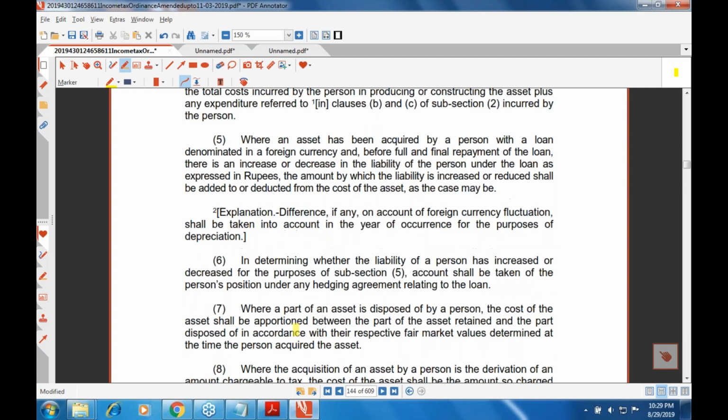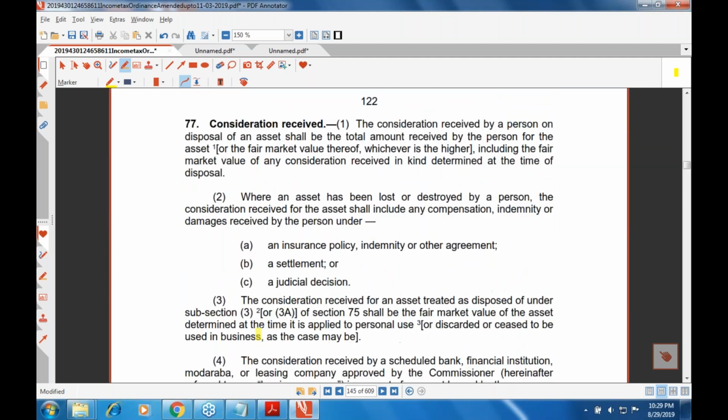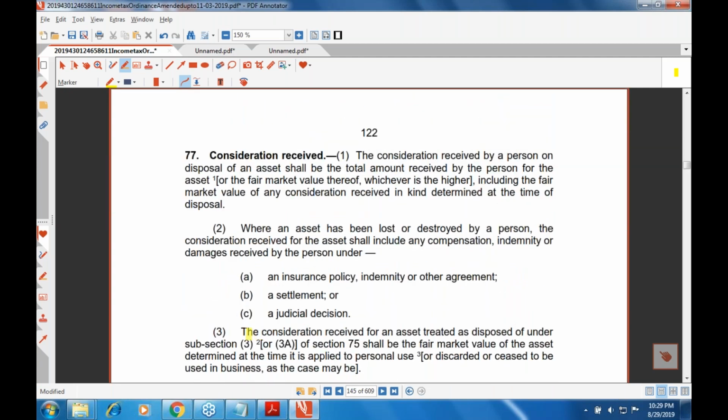Now, another concept that you need to understand is the consideration received. Consideration received by a person on disposal of an asset shall be the total amount received by the person or the fair market value, whichever is the higher, including fair market value of any consideration received in kind, where the asset has been lost, destroyed, and so on. Consideration shall include any compensation, indemnity, or damages received under insurance policy, settlement, or judicial decision.